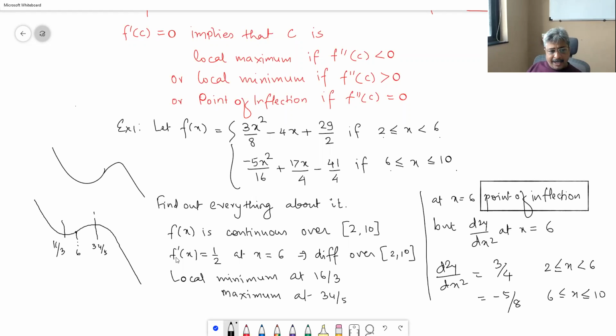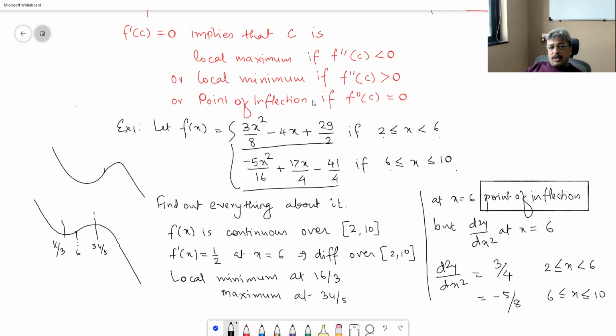Otherwise, take any 2 points to the left and find the chord, whether it is above the curve or not. You will find that in this branch it is chord above curve, in this branch it is chord below curve. Therefore it is a point of inflection. Graphically it is a point of inflection, but d2y by dx square is not equal to 0. It is continuous and differentiable, right?